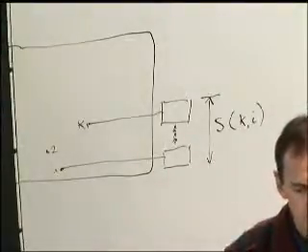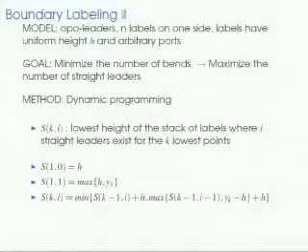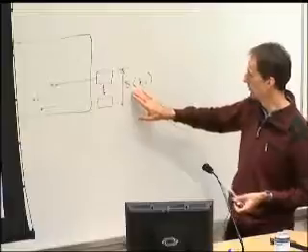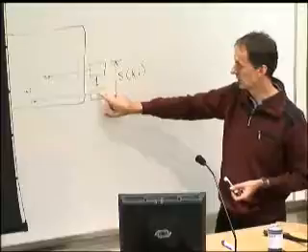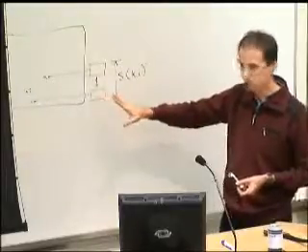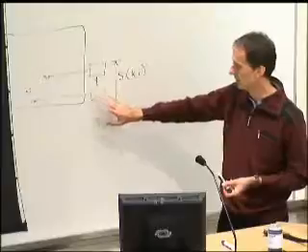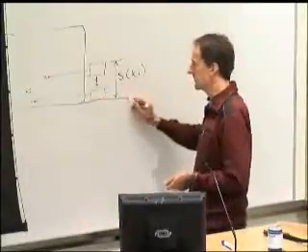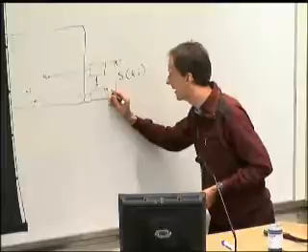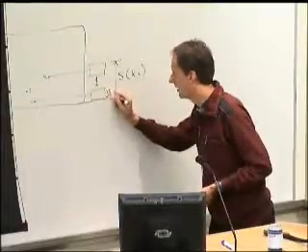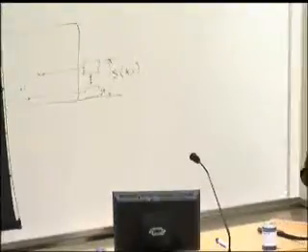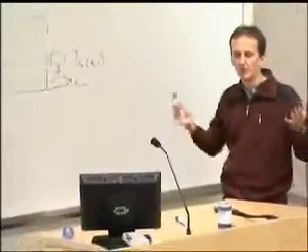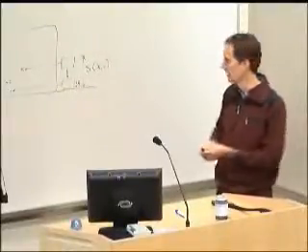And how do you do that? That's here. To place the lowest label, it just goes at the baseline. The label has height h. So S of 1, 0 is, no matter what you do, just place it here.